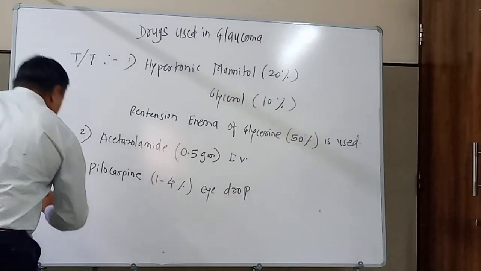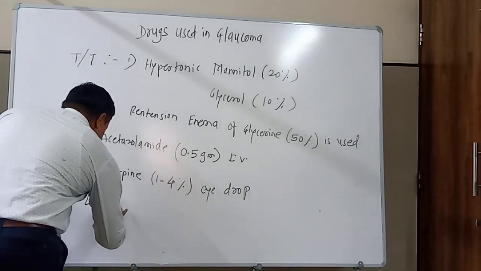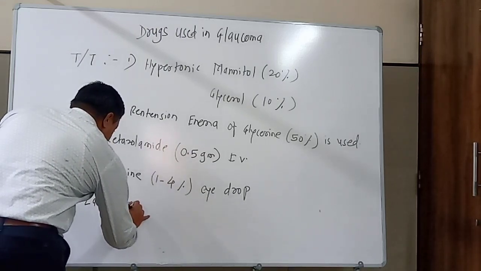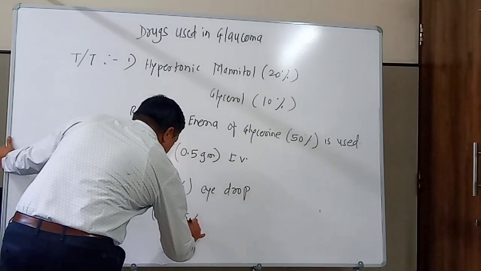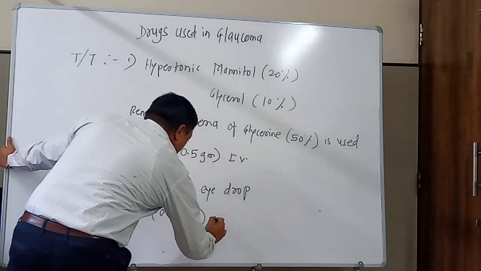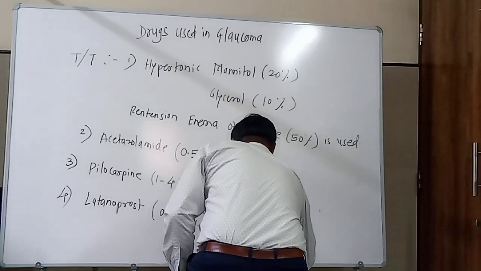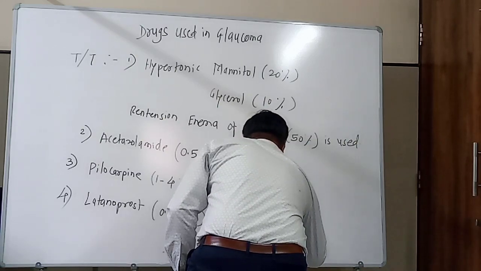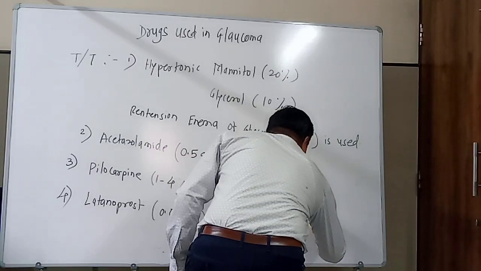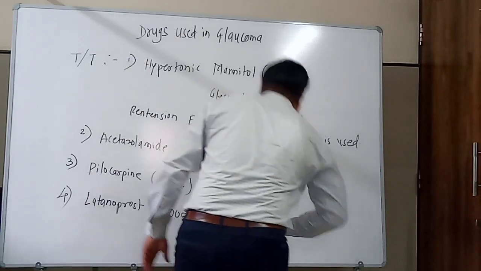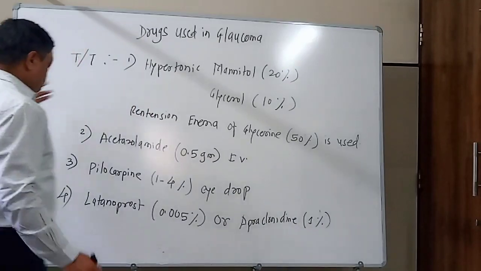Fourth is latanoprost, a prostaglandin analog. Latanoprost 0.005% or apraclonidine 1% eye drops are used.